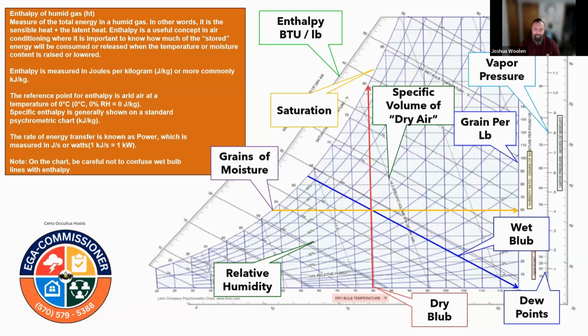By no means is the psychometric chart a scientific thing. It's a mathematical formula thing. Indeed, it is a metric that measures the elements influencing the changes in air and water mixture, right?